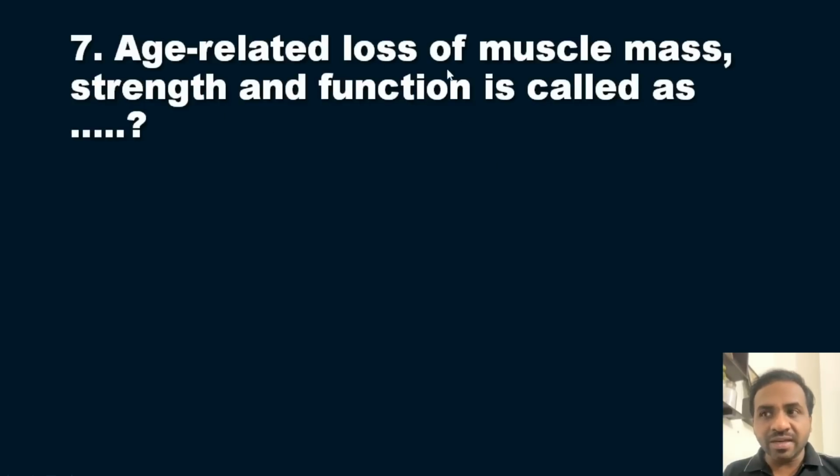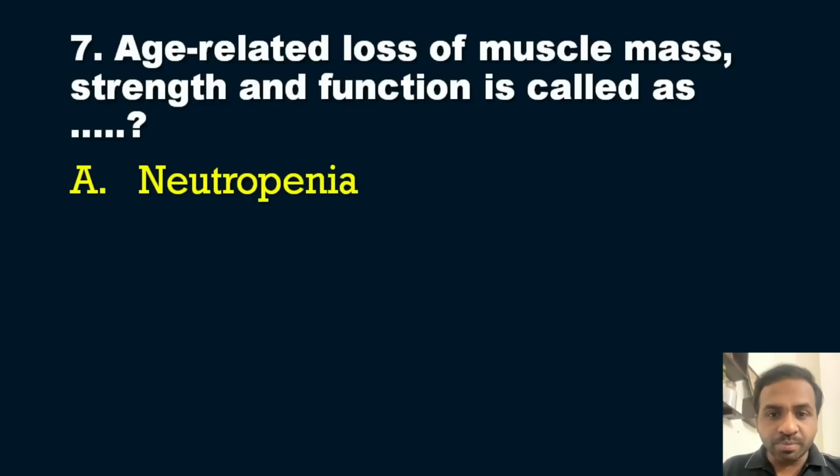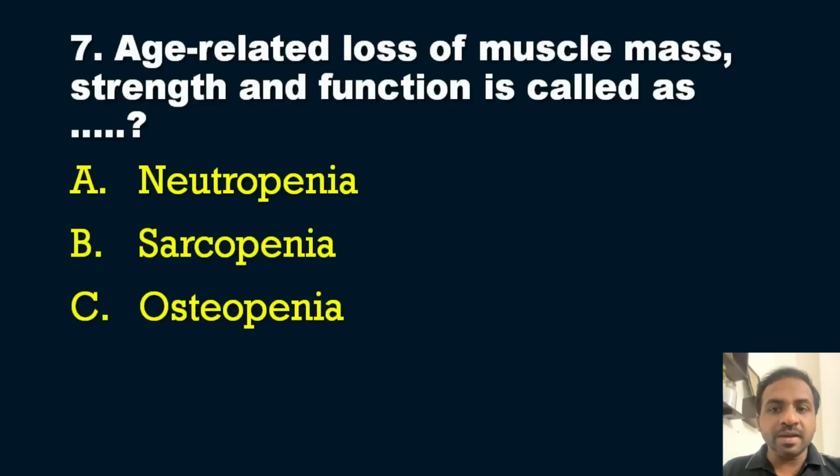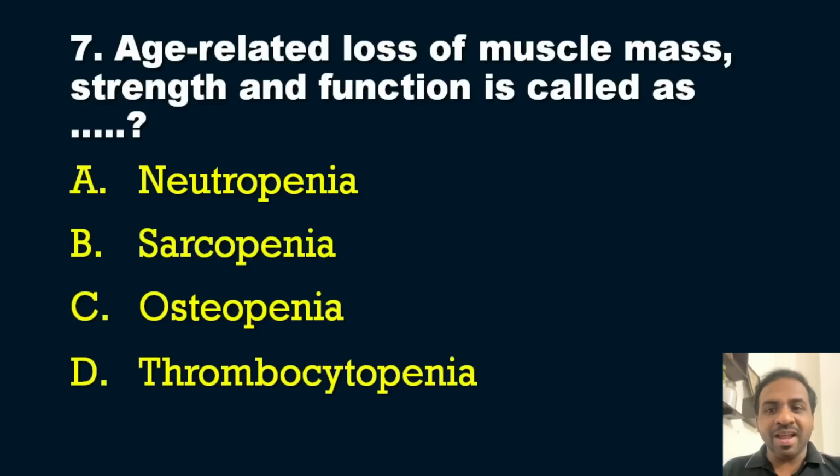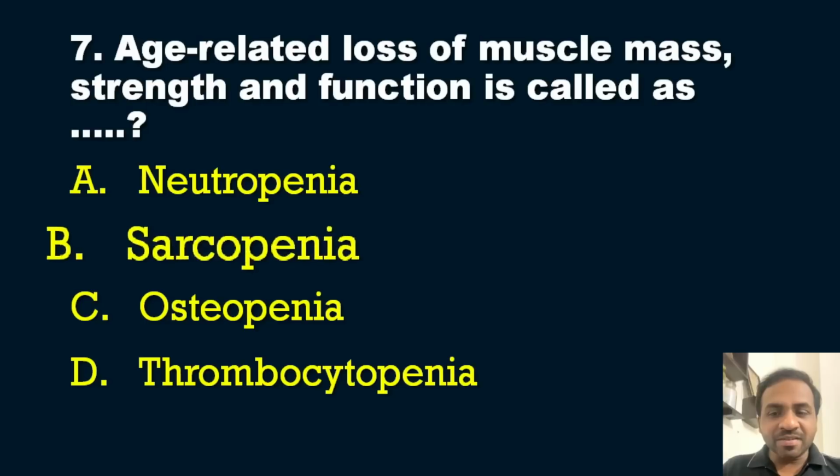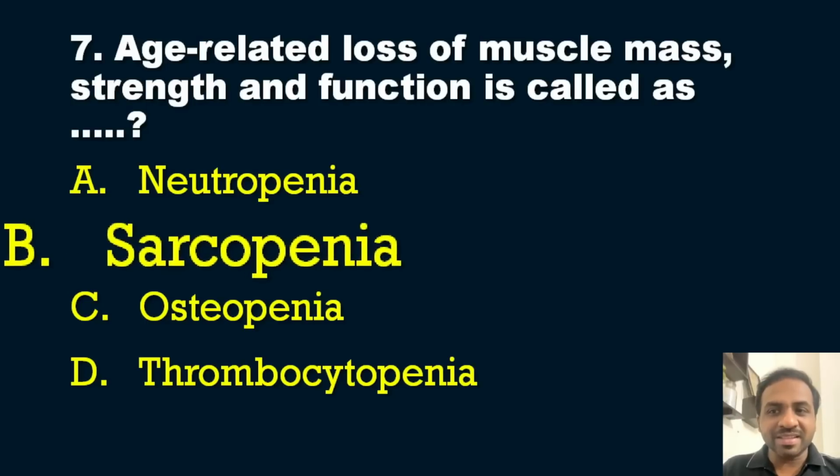The options are: option A, neutropenia; option B, sarcopenia; option C, osteopenia; and option D, thrombocytopenia. A very easy question, but the options are slightly confusing. So what is the answer? Muscle mass, strength, function. The answer is option B, sarcopenia.